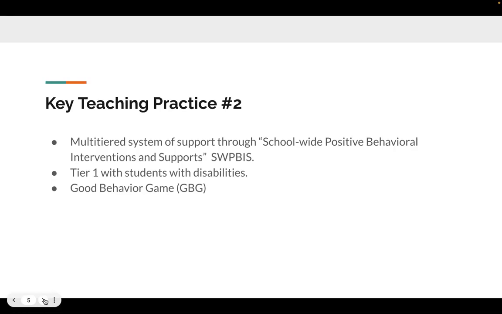This is where the multi-tiered system comes into play. This allows special and general education teachers to work together for students with disabilities.